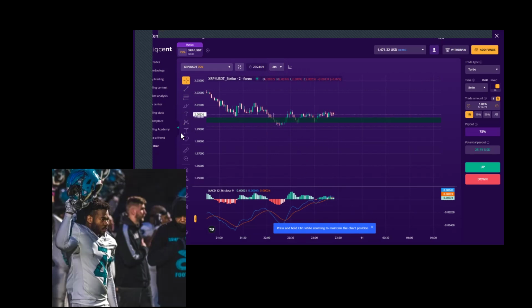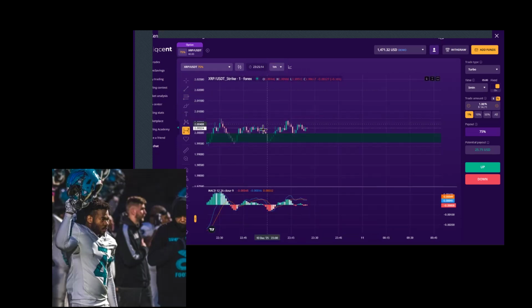Boom. And if I need to come back in on the day range, I can see from breakout, from it coming out to it going in and coming back out again, it's about 30 minutes. Cool.